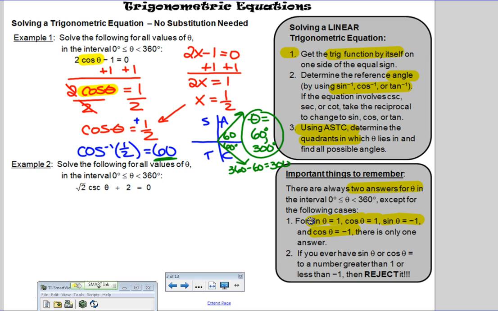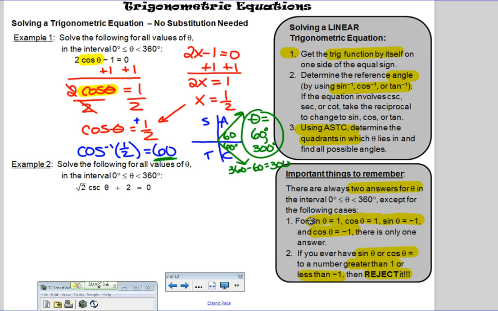And number 2, remember sine is the y value and cosine is the x value in a unit circle. So sine and cosine have to be less than or equal to 1 and greater than or equal to negative 1. So if you get a value for sine or cosine that's more than 1 or less than negative 1, it means that it's going to be out of the domain. So it'll be a reject.